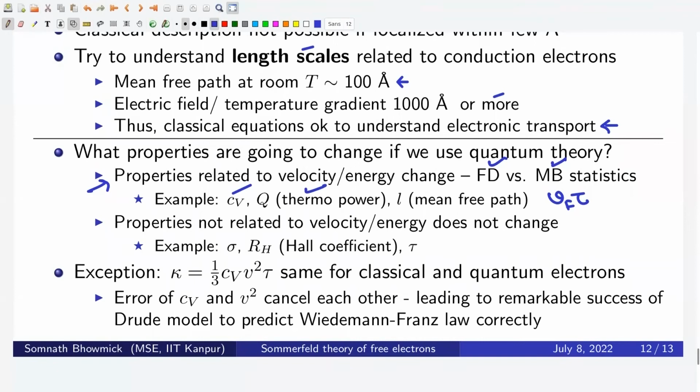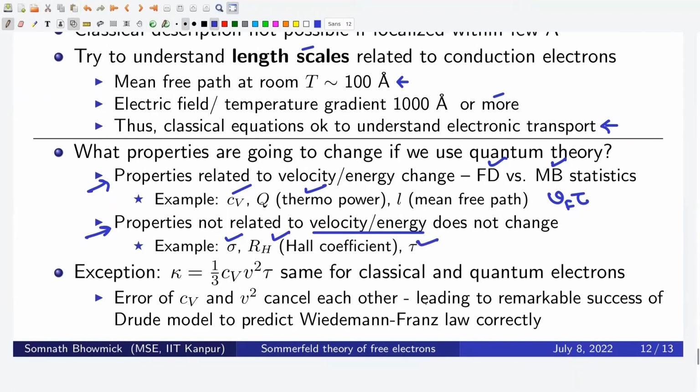And now let us see what properties are not going to change. Whatever is not related to velocity or energy is not going to change. For example, the electrical conductivity sigma, which is like ne squared tau by m, right? It is not a function of velocity or energy, so it is not going to change. And the Hall coefficient will also not change.